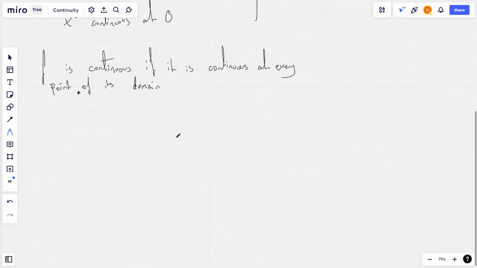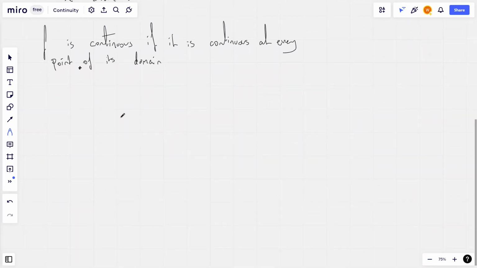So this seems like an obvious definition, and I guess it is quite an obvious definition, but this is why our school definition of continuous breaks.